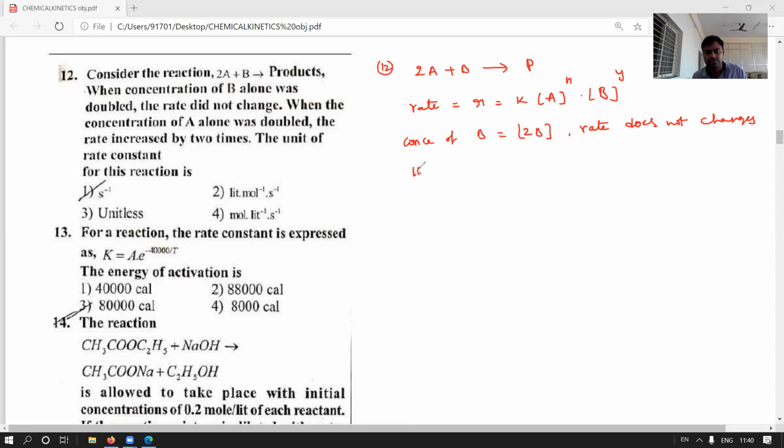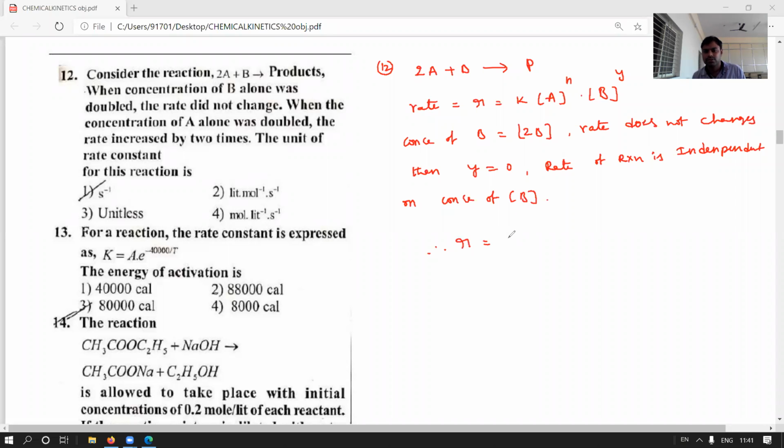Then what is the meaning? Y is equal to 0, which means the rate of reaction is independent of the concentration of B.